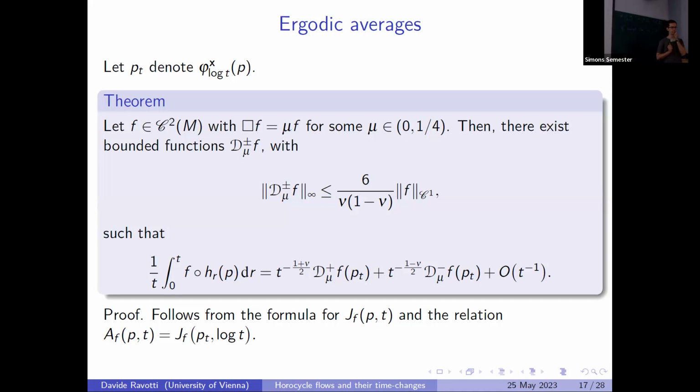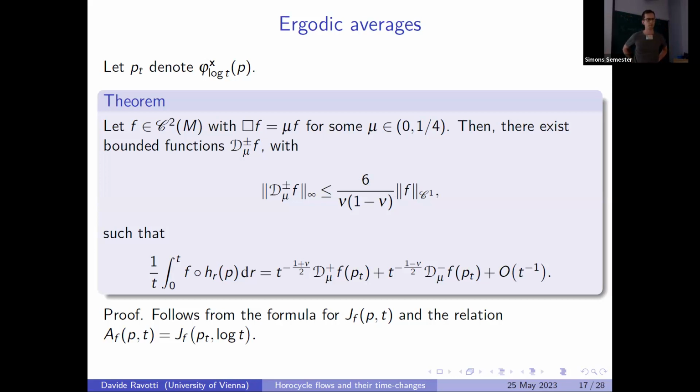Does that make sense? If you want, you can specialize this for eigenfunctions of the hyperbolic Laplacian. So this tells you how the ergodic averages for our cycle flow for eigenfunctions of the hyperbolic Laplacian behave. Yes? This bounded function depends on the eigenfunction and the eigenvalue.